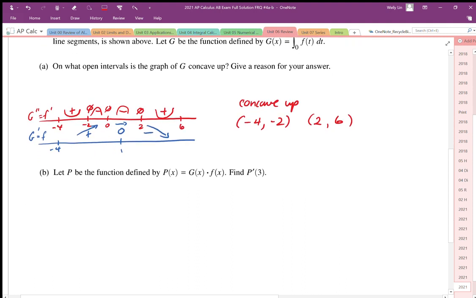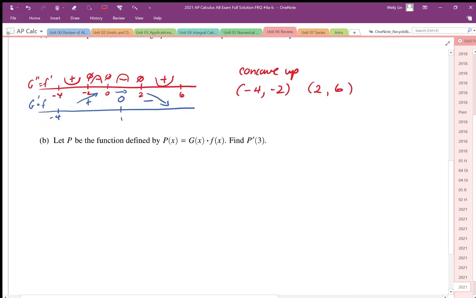Part B says, let the function p of x be defined by g of x times f of x, and we want to find the derivative of p at x equals 3. This problem is involving differentiating notation. So if I have my p of x function here, I'm just going to differentiate this with its notation.